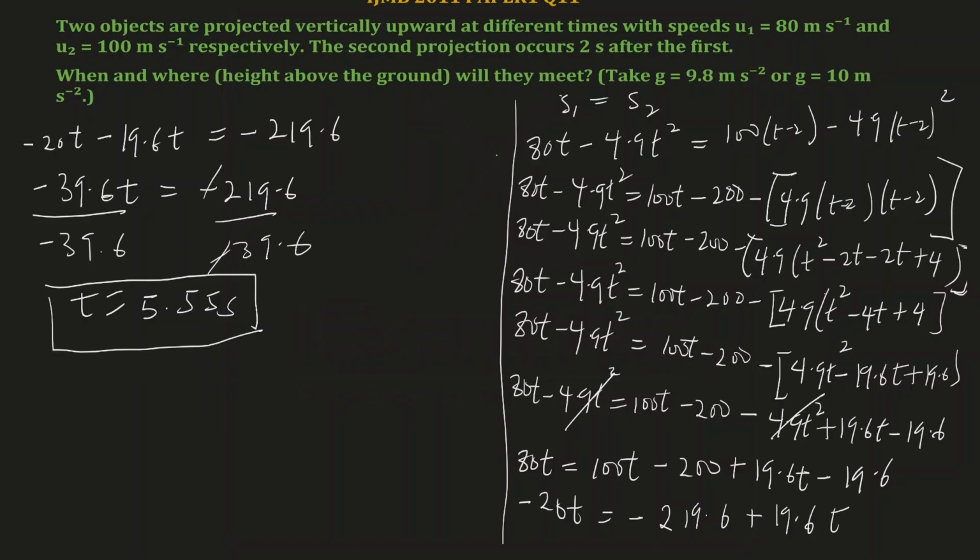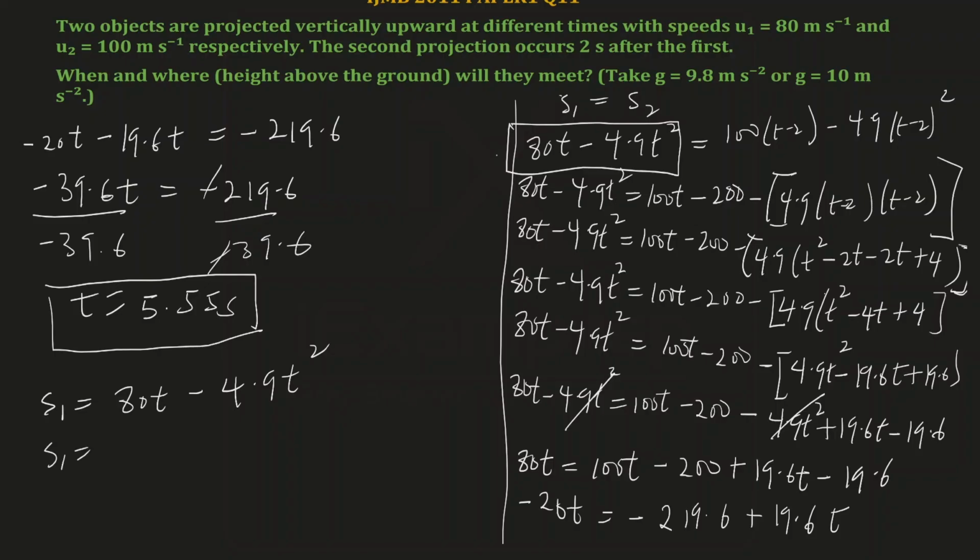Then where would they meet? We can use our equation 1 that says s1 equals 80t minus 4.9t squared. If you can't see equation 1, you can go back, but this is my equation 1. Since they are meeting at the same distance, you can find s1 or s2.